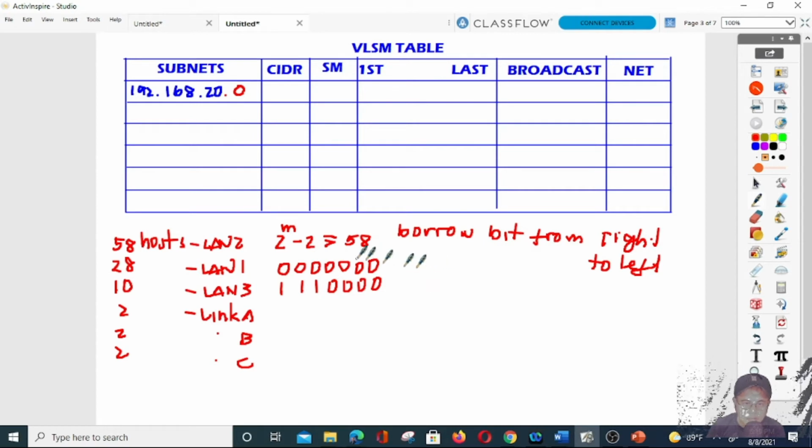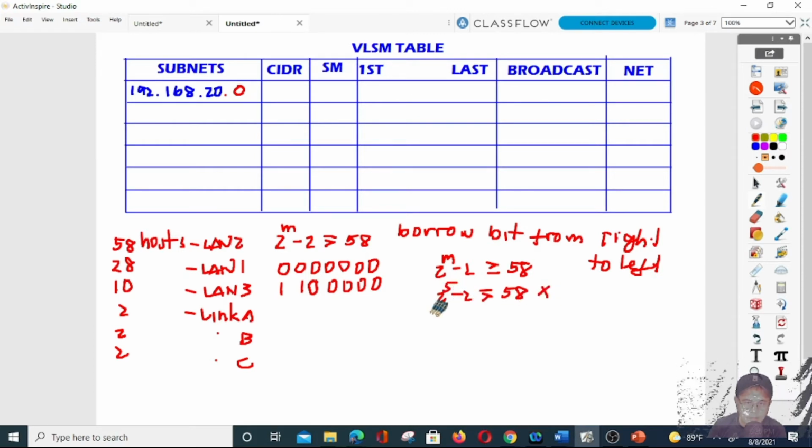Applying this formula, how many zeros from right to left do we need to get 58? 1, 2, 3, 4: 2 raised to 4 is 16 minus 2, not enough. 1, 2, 3, 4, 5: 2 raised to 5 is 32 minus 2, 30.